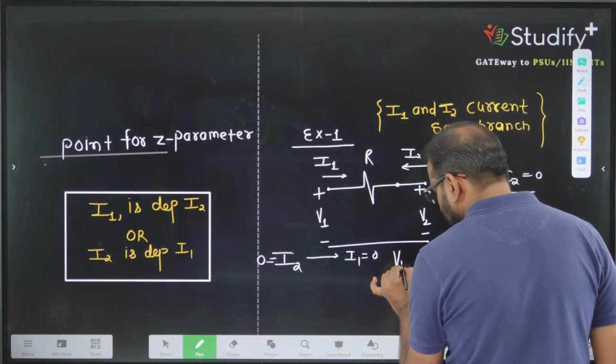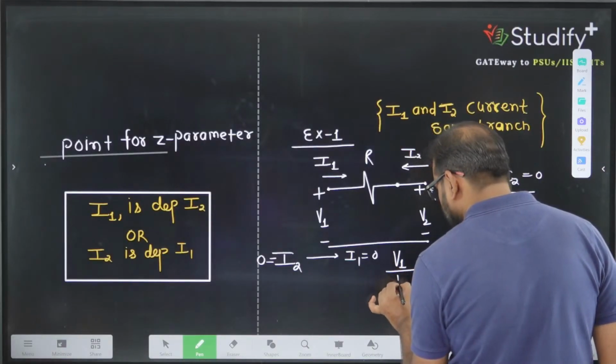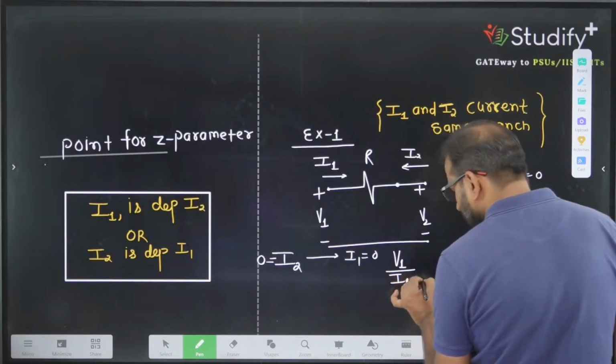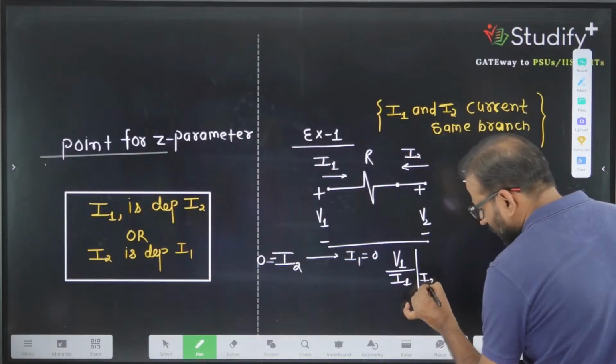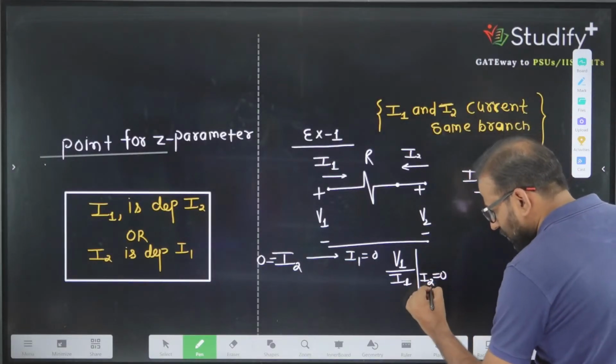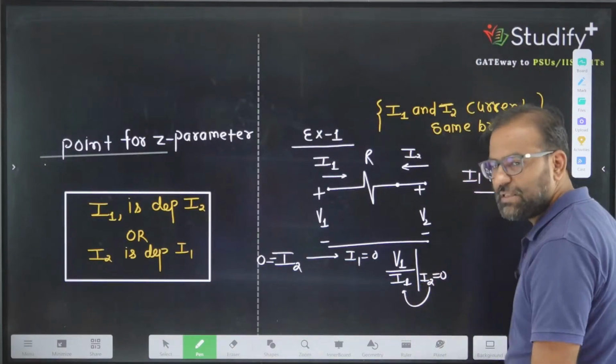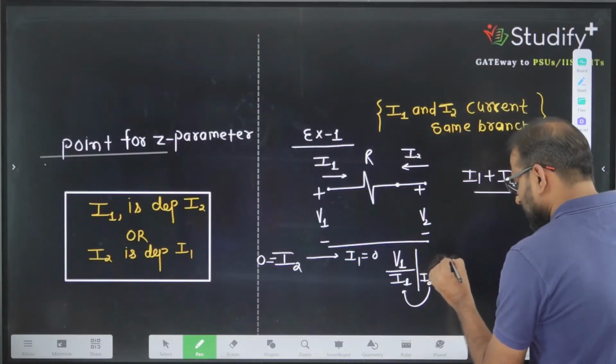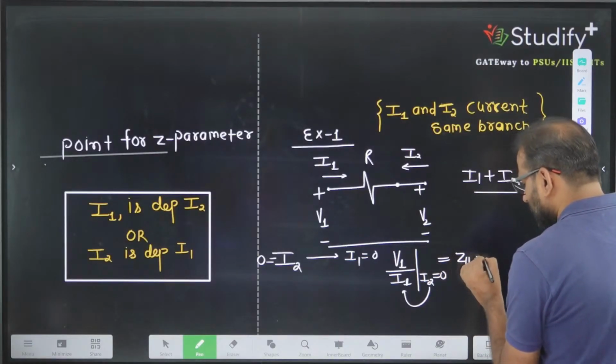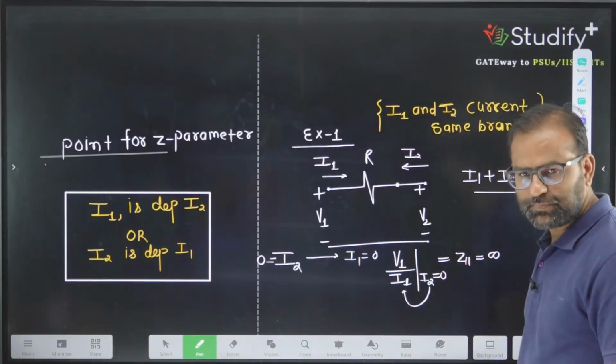So the parameter you calculate is V1 divided by I1 by making I2 equal to 0. I2 equal to 0 will make I1 equal to 0, so this Z11 parameter is infinite.